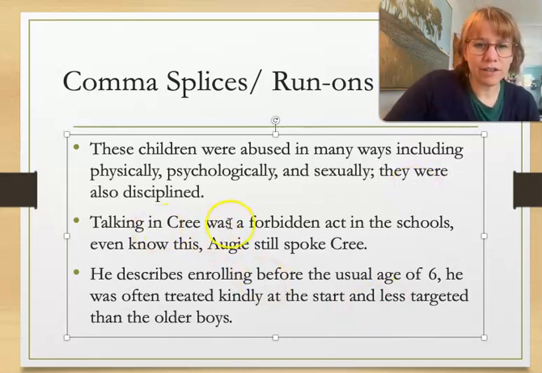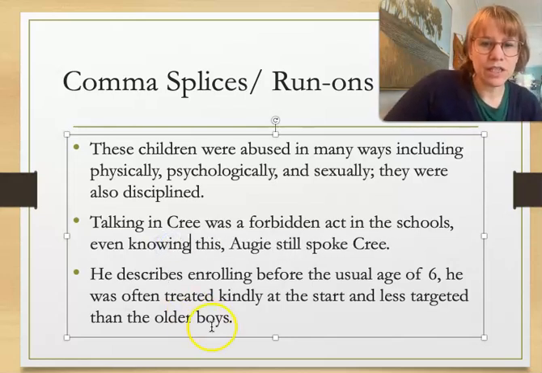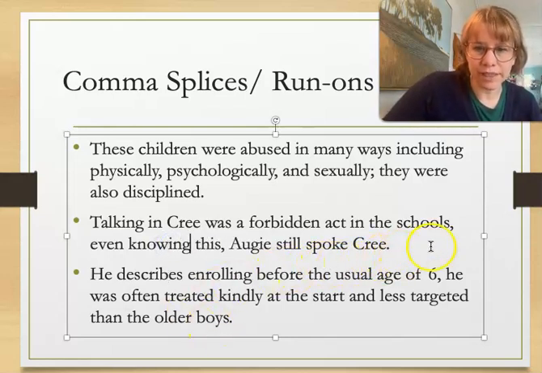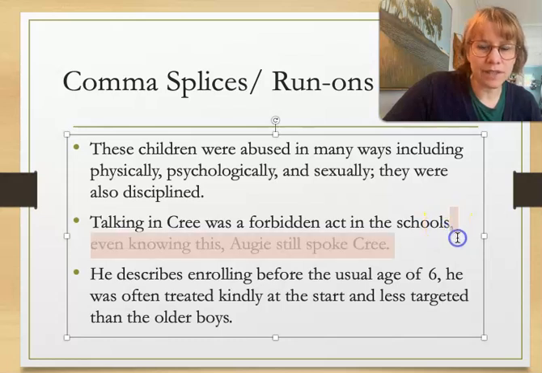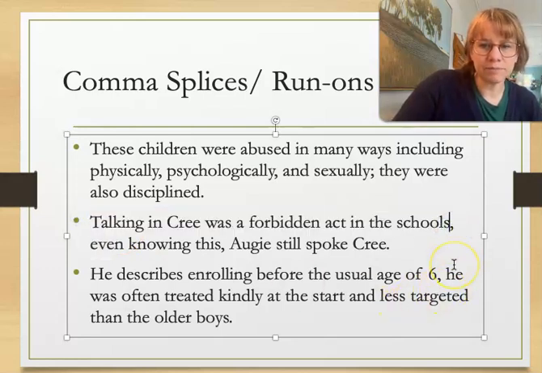For this one, talking in Cree was a forbidden act in the schools, even knowing this, sorry, I might have copied this down wrong. Even knowing this, Augie still spoke Cree. So again, you have a comma splice because these are two main clauses that are incorrectly joined with a comma. So again, you could put a period.